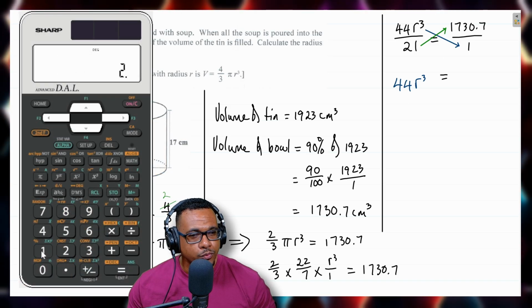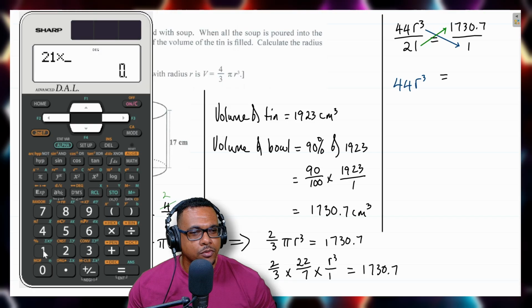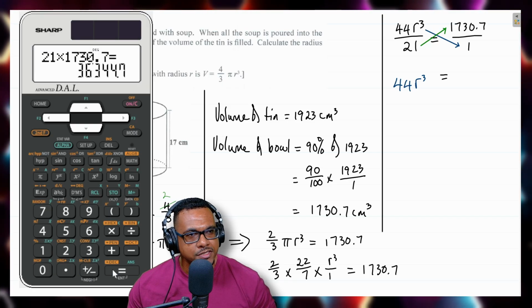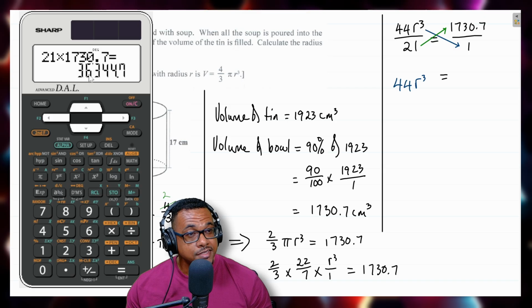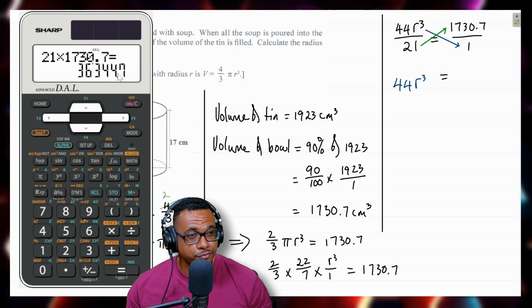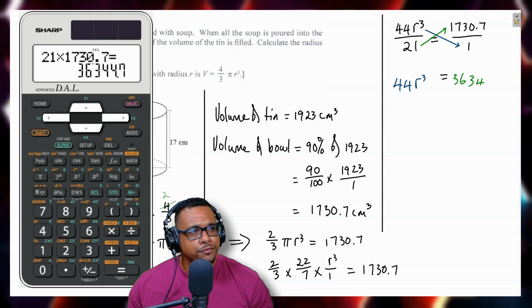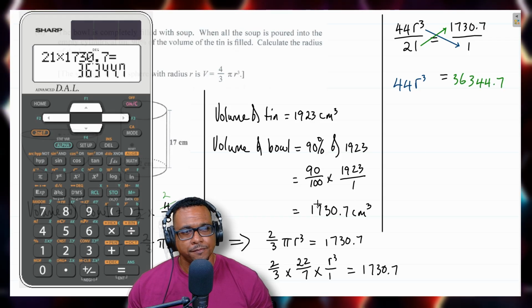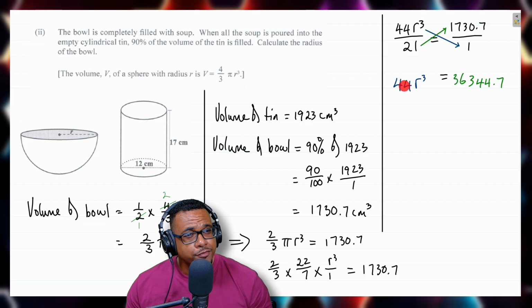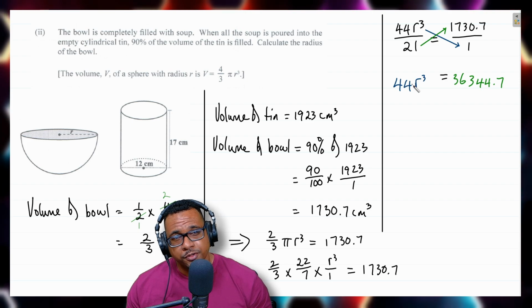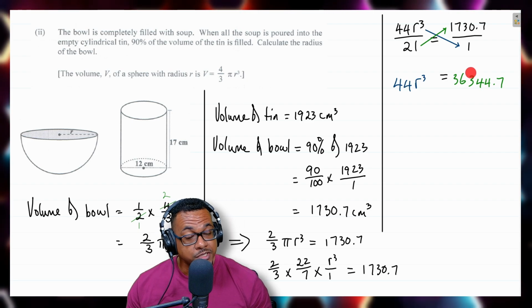Now we're going to cross multiply. So 44 R cube by 1 is just 44 R cube. And 21 times this 1,730.7. So we'll have 21 times 1,730.7. Press equal. And we get 36,344.7. So now we have this 44 being multiplied by the R cube. So when we transfer the 44 across, the operation will change to division.